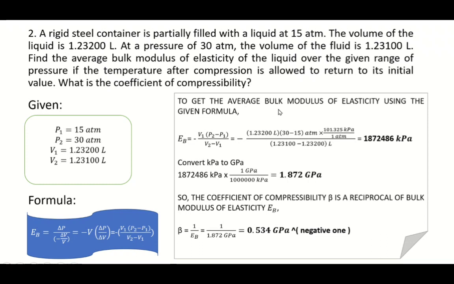To get the average bulk modulus of elasticity using the given formula, we have negative our volume 1, which is 1.23200 liters, times P2 minus P1. So our P2 is 30 atmosphere minus P1, which is 15 atmosphere. We will convert the atmosphere into kPa.